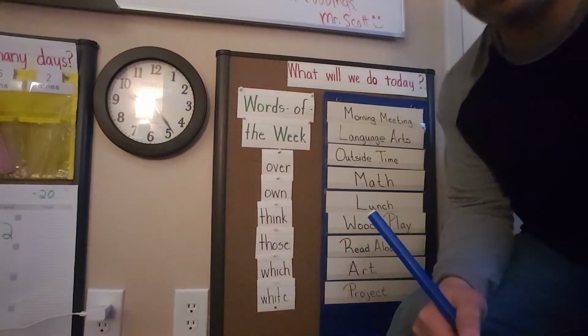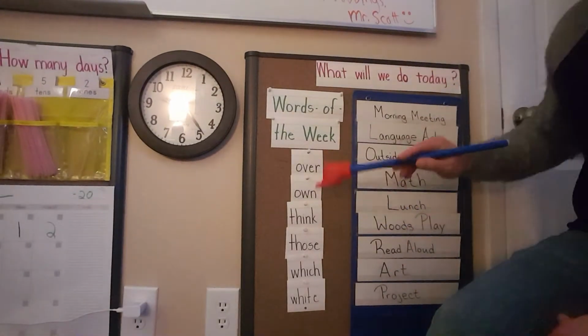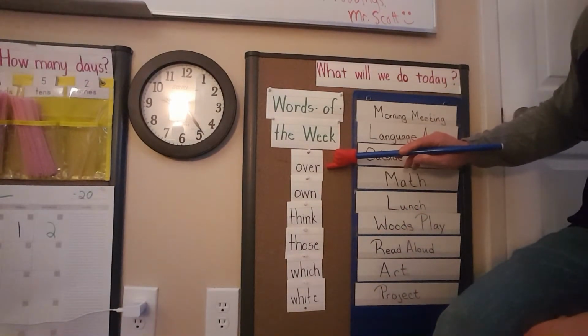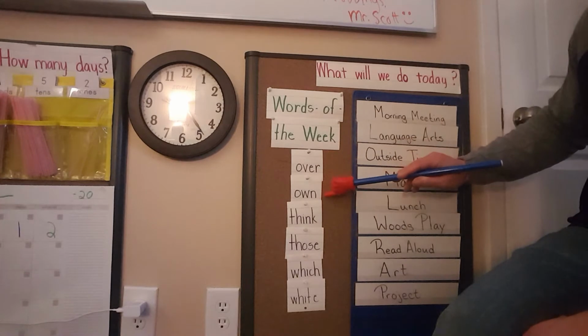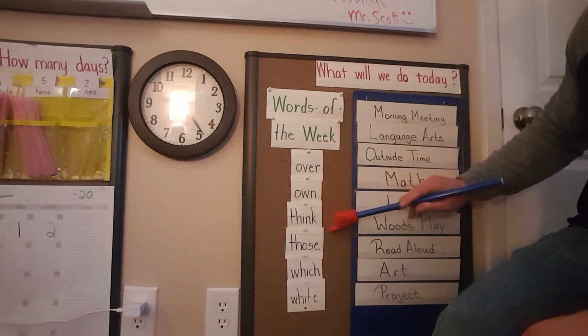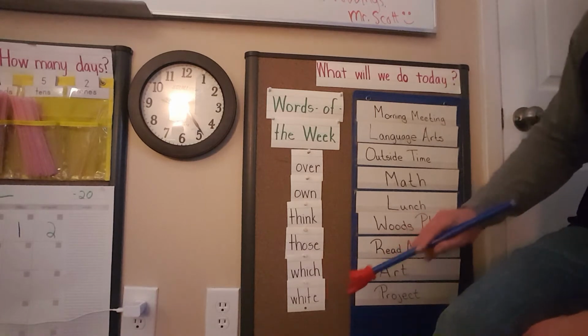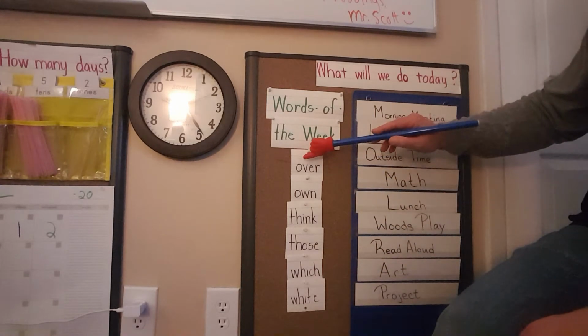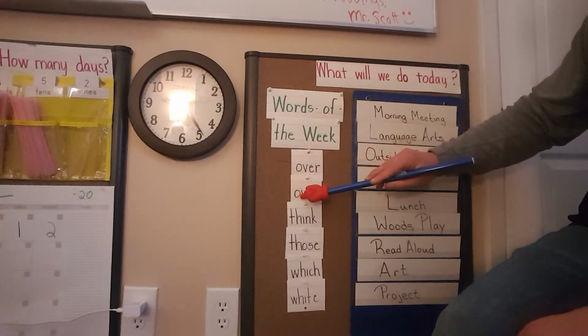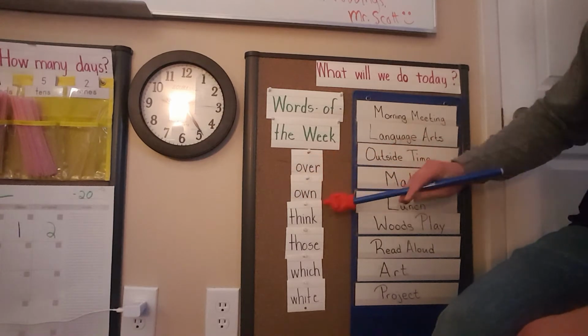All right, let's go to our words of the week. Everyone with me, ready? Over, own, think, those, which, white. The interesting thing about this is that these two words start with the long O sound.